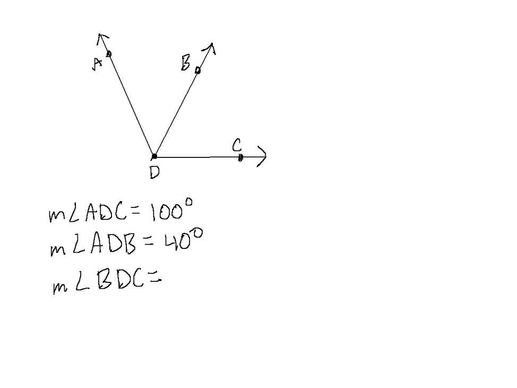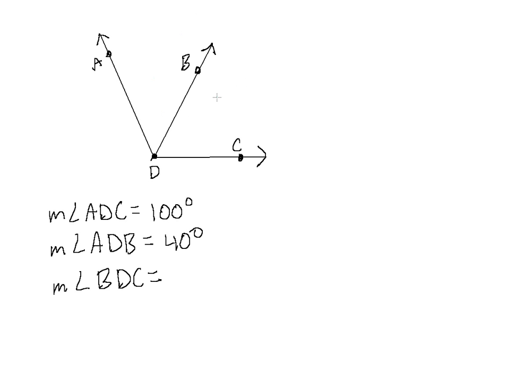Okay, here we can actually use something called the angle addition postulate. Now, if you recall when we talked about the segment addition postulate, when we had a segment, we can find the large segment by the sum of the 2 smaller segments. Well, here we can find the large angle by adding the 2 smaller angles.